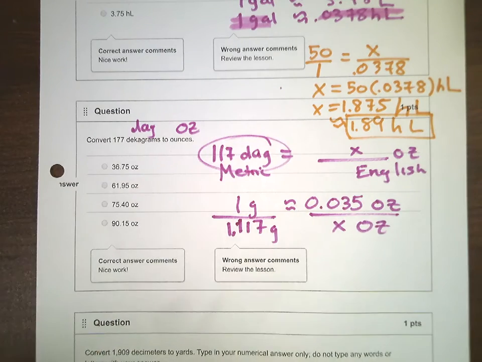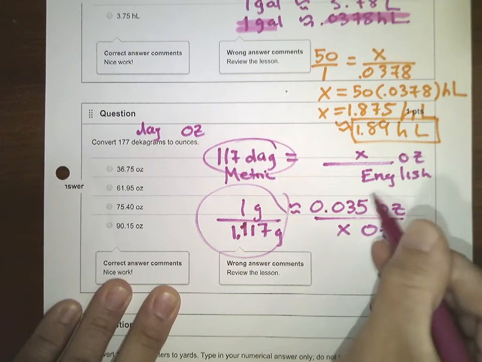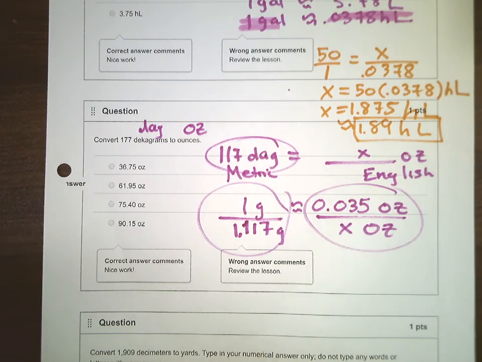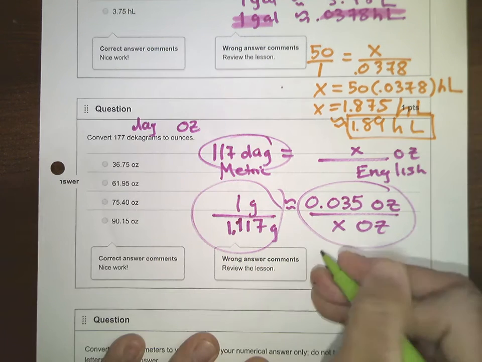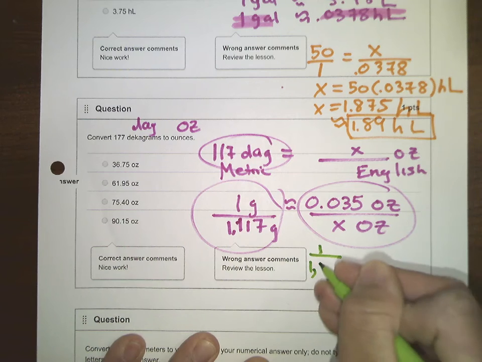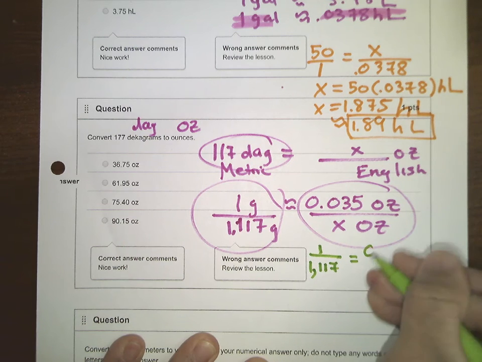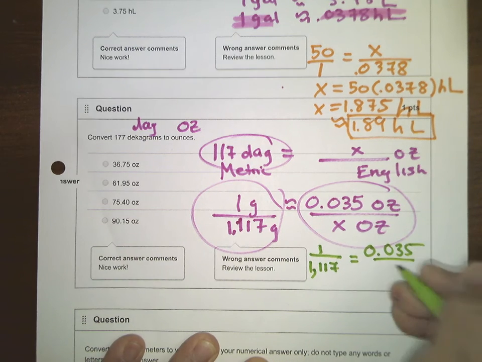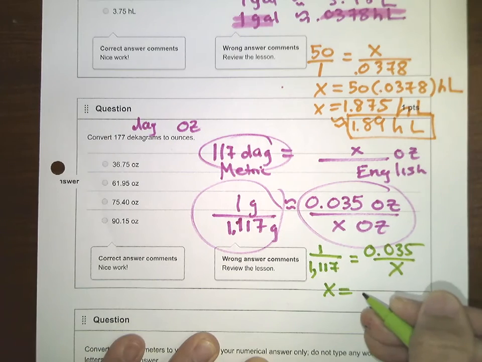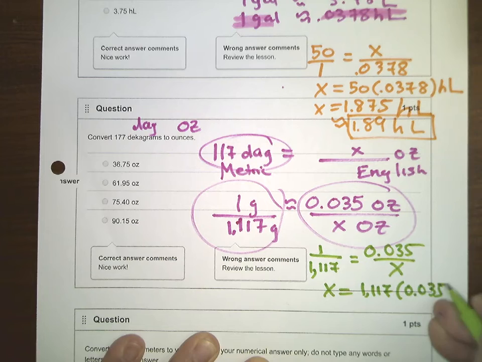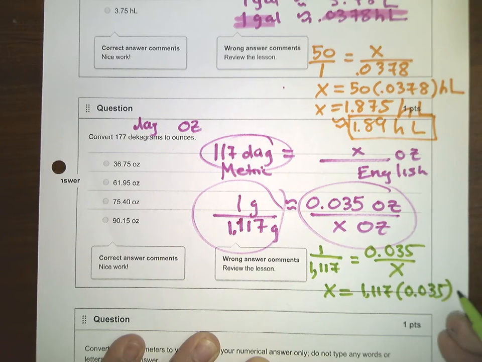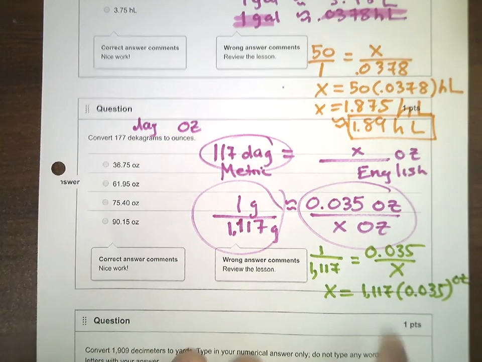Then I set up my proportion. These are both grams. These are both ounces. So we just cross multiply. 1 over 1,117 is 0.035 over X. So X is 1,117 times 0.035, and that will end up being in ounces because X is in ounces.